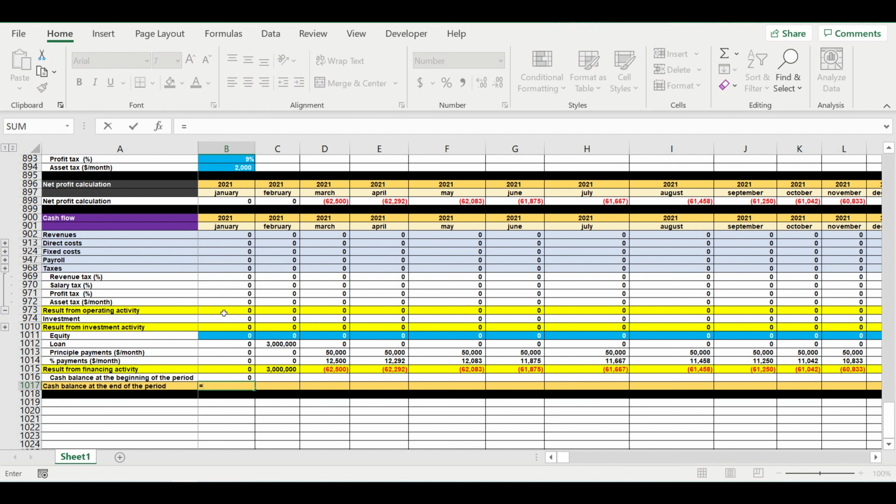Then the cash balance at the end of the period will be this plus this plus this plus this. Then this number goes here to the next month.